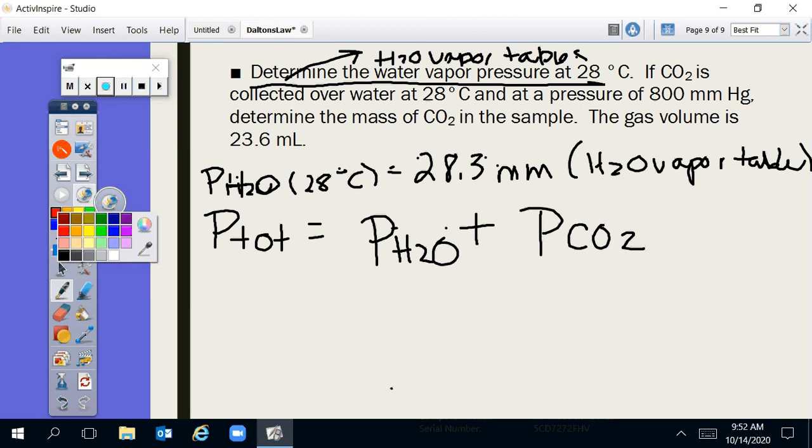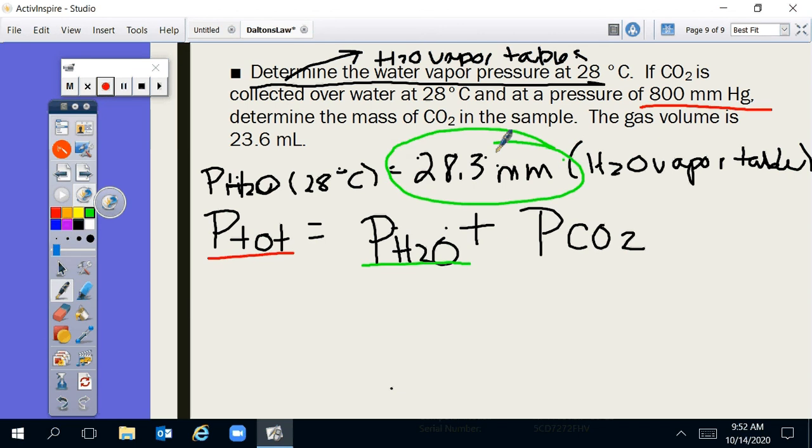Now, we have the total pressure, and we have the partial pressure of the water. We just looked that up in our water tables.